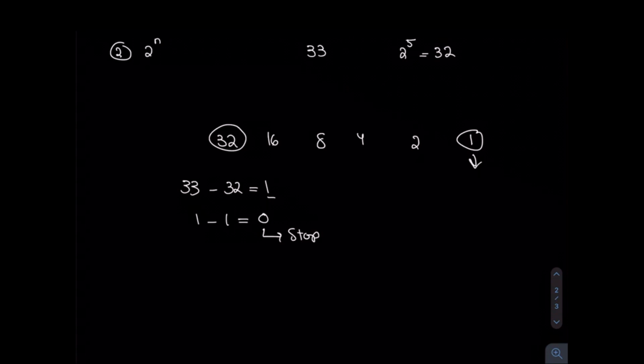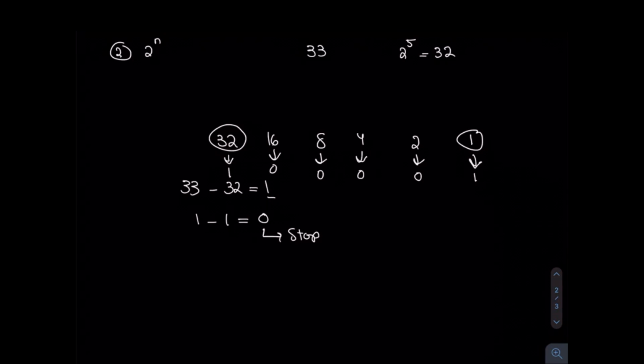So underneath 1 we will write 1, and underneath 32 we will write 1. Next we will take the numbers that we didn't choose and write 0 underneath them. So here 0, here 0, here 0, and here 0.